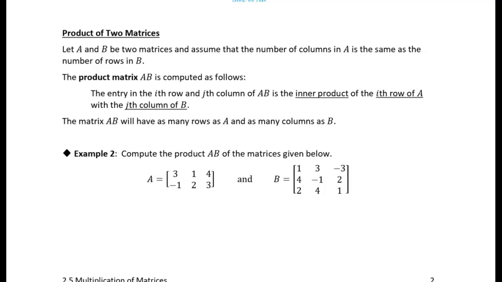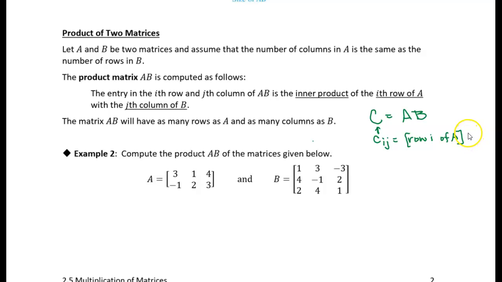So if you have two matrices and you multiply them, and let's say that C is equal to the product of matrix A times matrix B, then the element Cij, so that's the element in the ith row, jth column of this matrix C, is equal to the inner product of row i of matrix A. That's our row matrix, right?